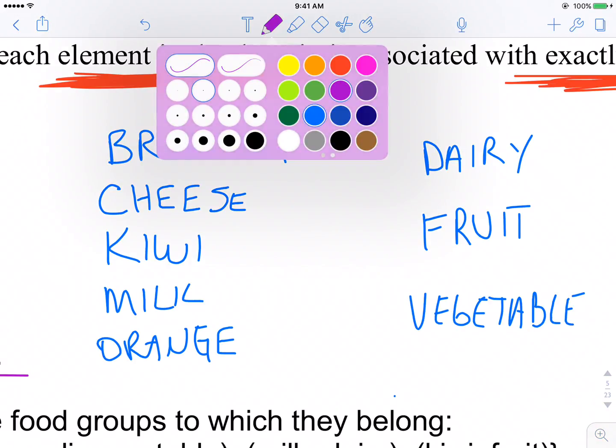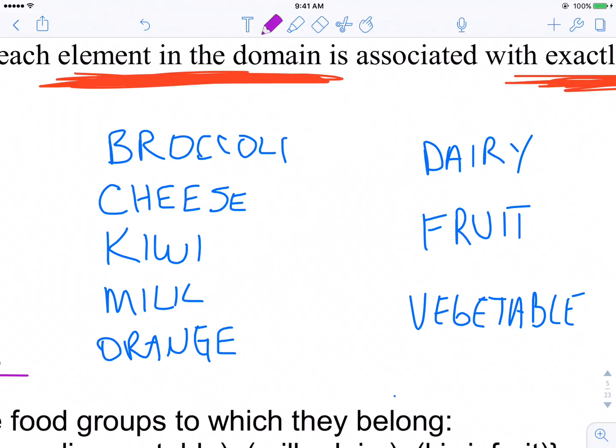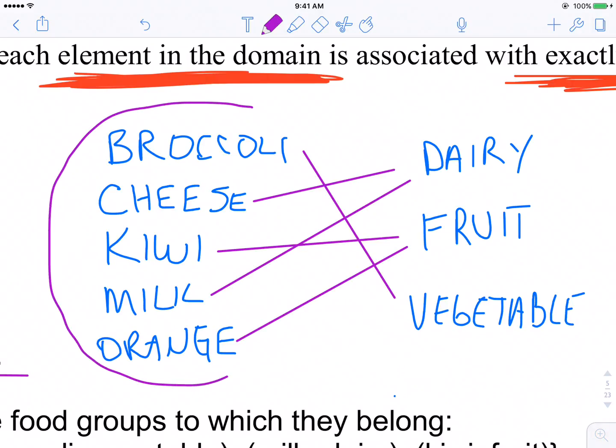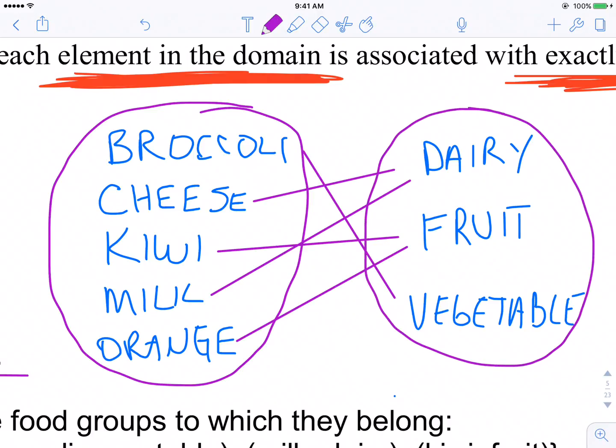If we look at how the arrows perform, broccoli goes to vegetable, cheese goes to dairy, kiwi goes to fruit, milk goes to dairy, orange goes to fruit. So each one of these elements in this set only gives rise to one element in this set.